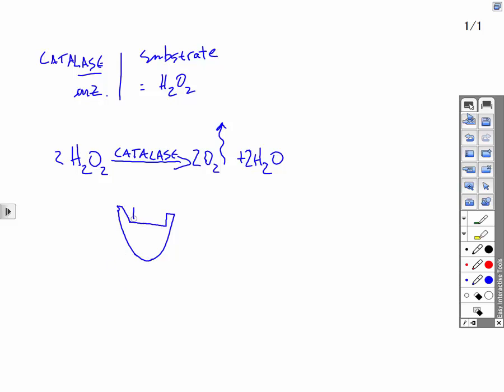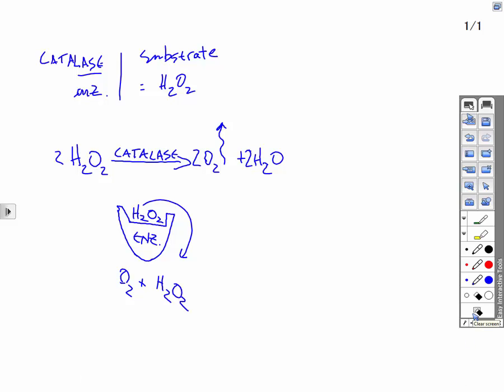The H2O2 went into this, and this is the enzyme. H2O2 would be our substrate, and then what came out of this would be 2 products. So we created oxygen plus H2O. What we've done is take a larger molecule and break it into two small molecules.